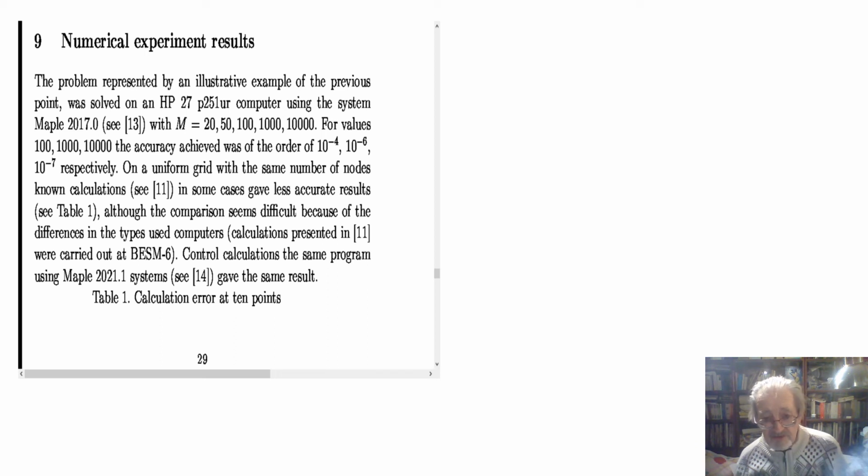On an uniform grid with the same number of nodes, calculations in some cases gave less accurate results. See table 1.